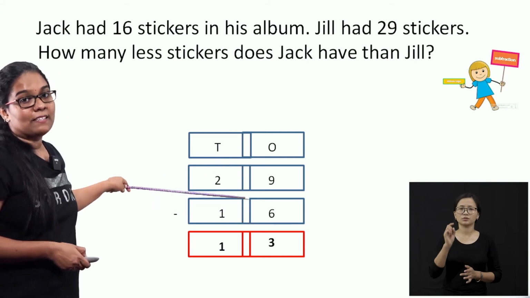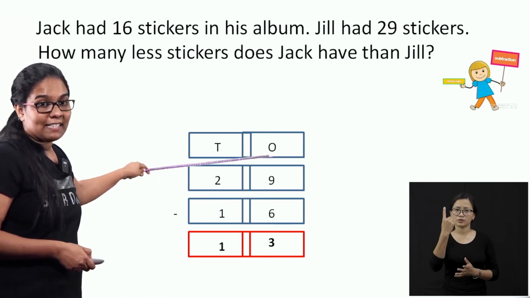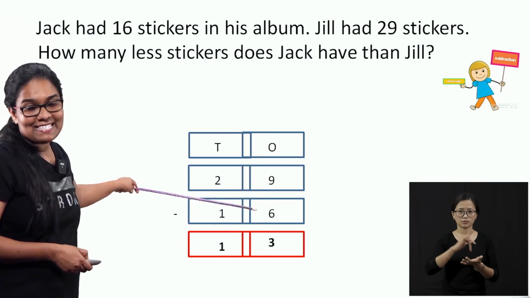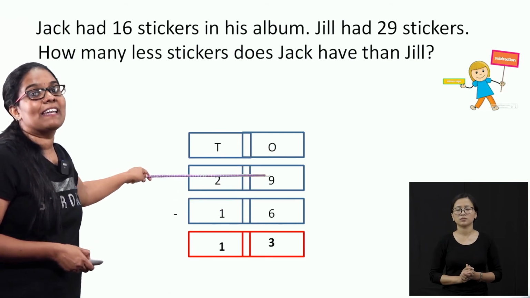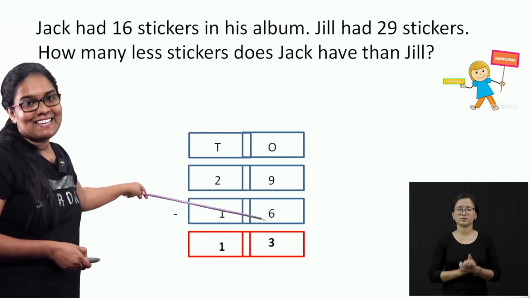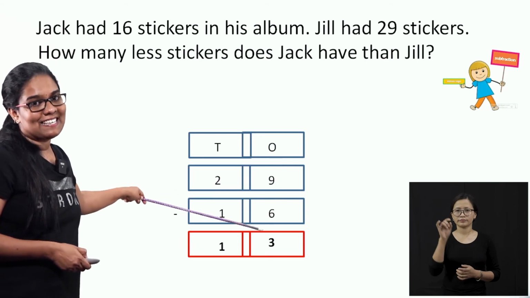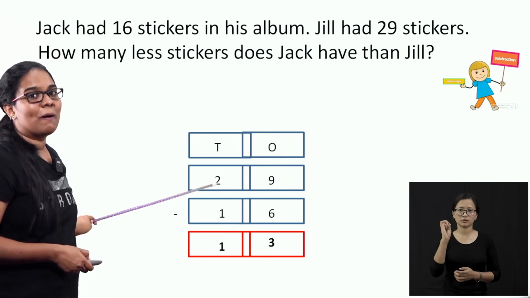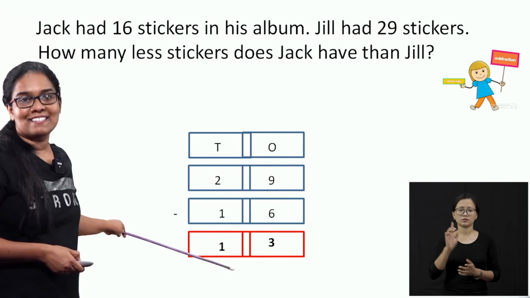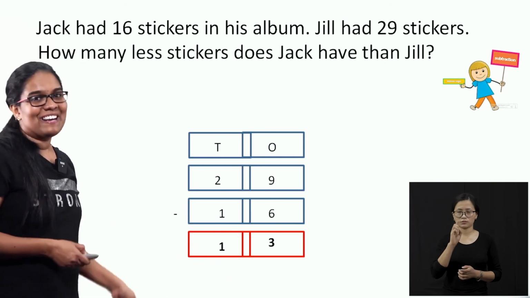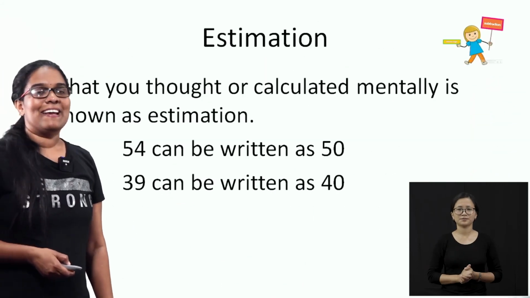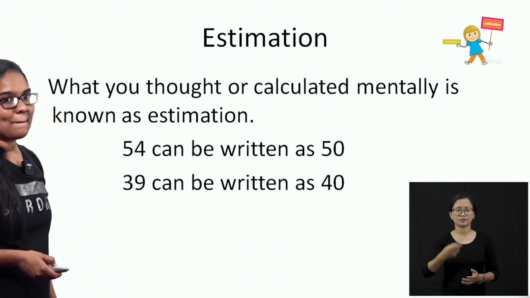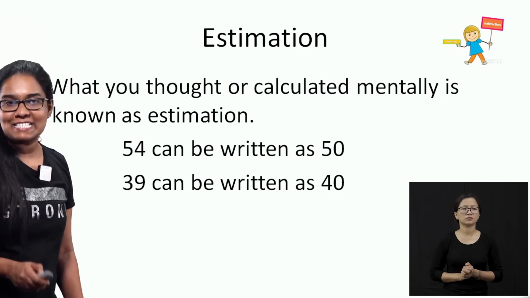First we are going to subtract the numbers in the ones place. The numbers in the ones place are 9 and 6. 9 minus 6 is 3 and 2 minus 1 is 1. The answer is 13.